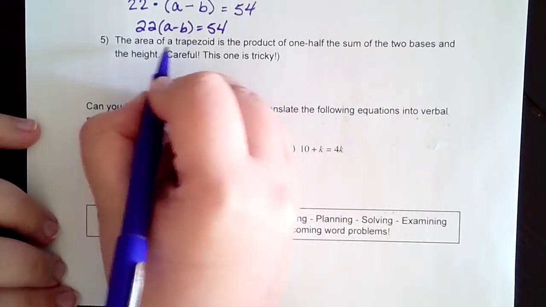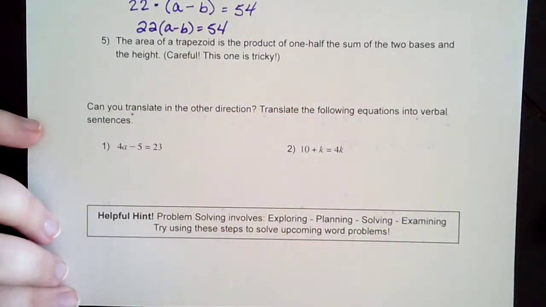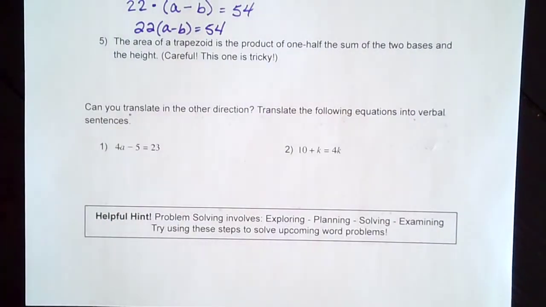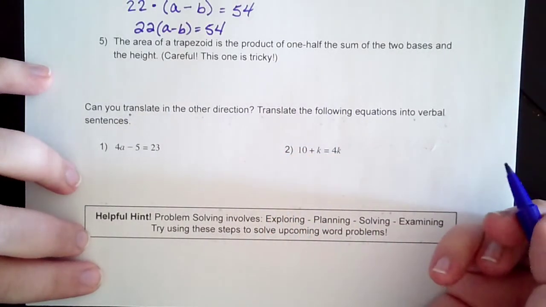Number 5, the area of a trapezoid is the product of 1/2 the sum of the two bases and the height. Careful, this one is tricky. Again, there's no variables, so let's just start finding those big ideas.